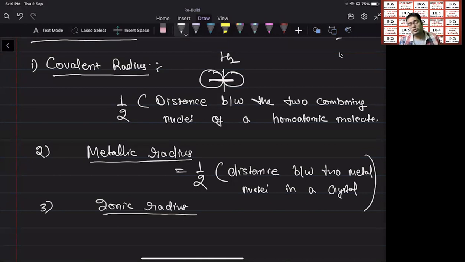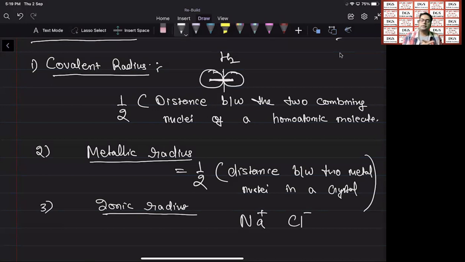When we discuss this ionic radius, what can be the proper definition? You may say, sir, let's talk about NaCl. Fine, Na+ and Cl-. This is a very particular example of ionic bonding.